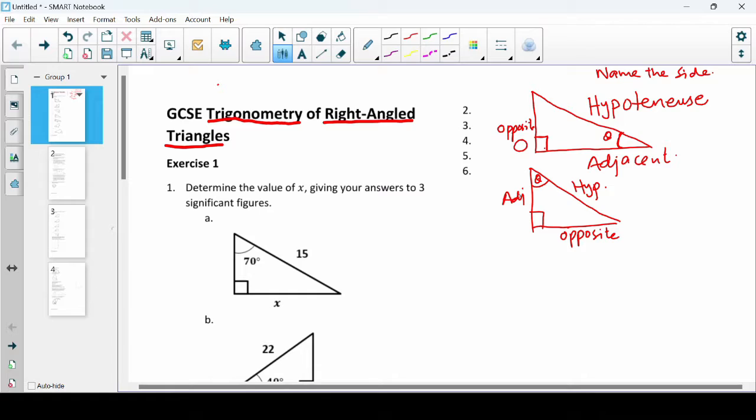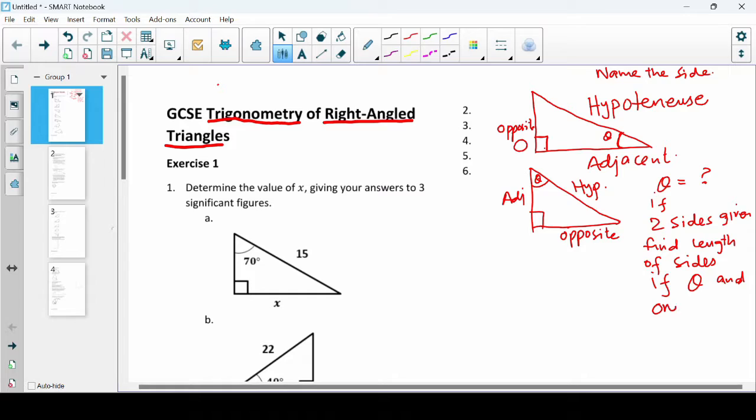So we have to remember these sides; it's the first thing in application of trigonometric functions. While applying the trigonometric functions, if one angle and one side are given, then we can find the remaining sides, or if any two sides have been given, we can find the angle. We can also find the length of sides if the angle theta and one side is given.